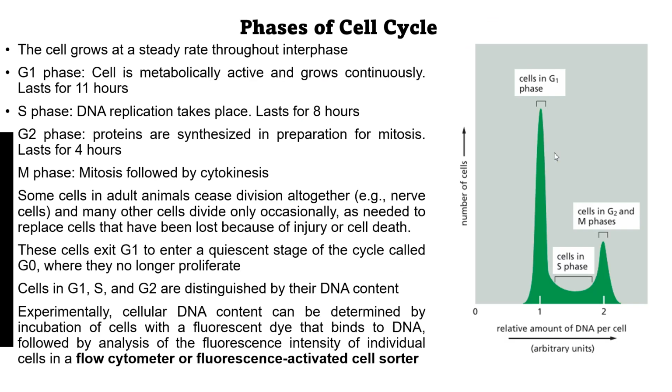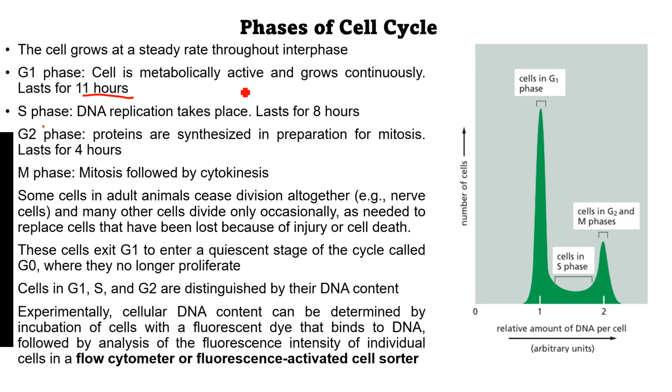Okay. So what are the phases of the cell cycle? In the interphase there are three phases: G1 phase, S phase, G2 phase. In the G1 phase, the cell is metabolically active and it grows continuously. This lasts for 11 hours.